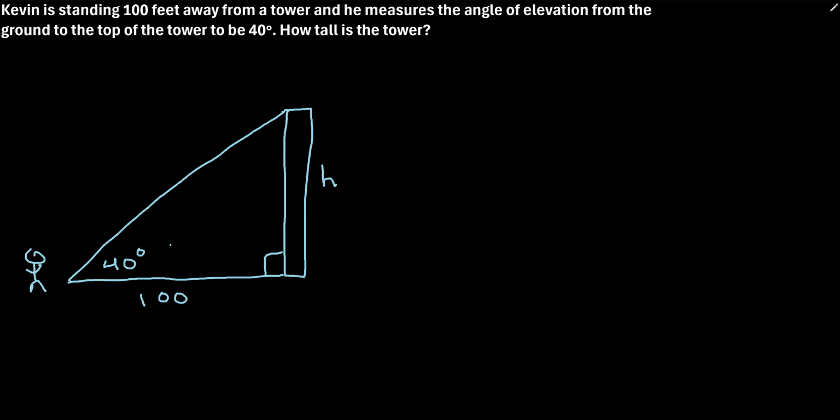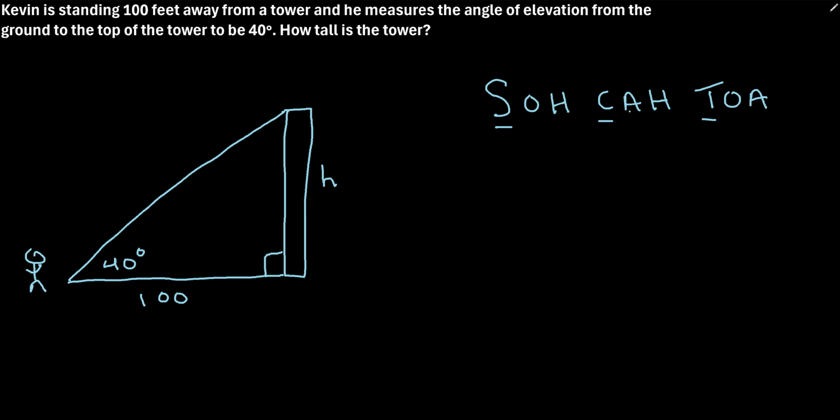So we're going to need to use trigonometry, or trig functions. If you recall, we have this acronym, SOHCAHTOA, that tells us how to calculate the sine, cosine, and tangent of an angle. The sine is the opposite side divided by the hypotenuse.